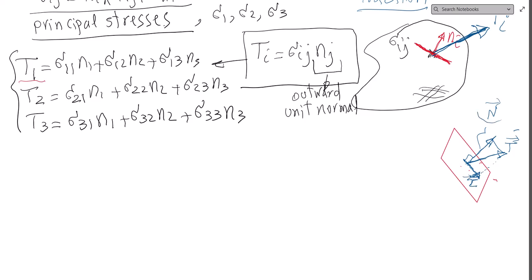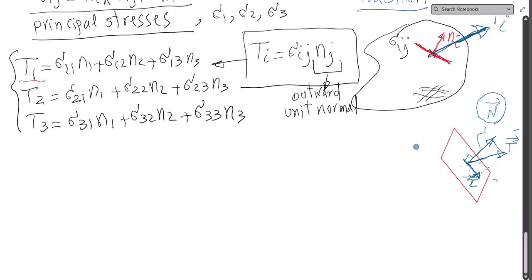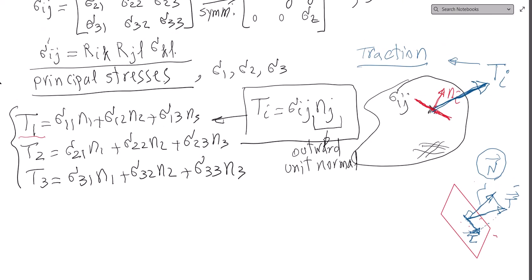We are interested in this N, which is the normal component to the desired selected plane. Why? Because we are interested in principal stresses. So I want to find an orientation such that this plane, when aligned with that orientation, this N becomes maximum and tau becomes 0.